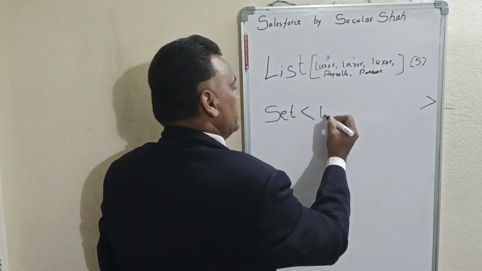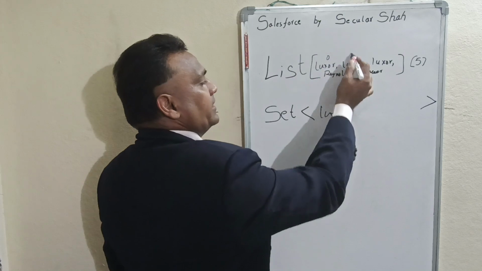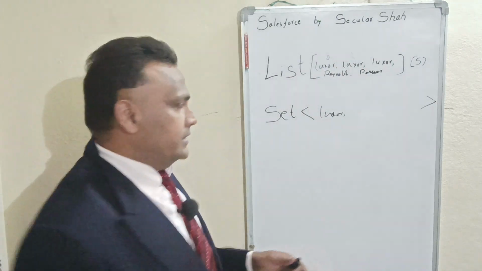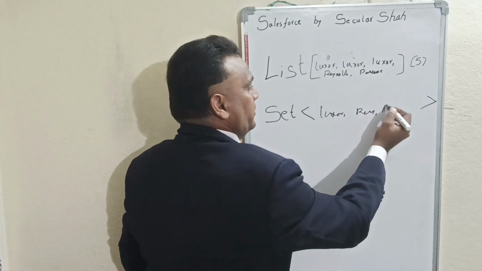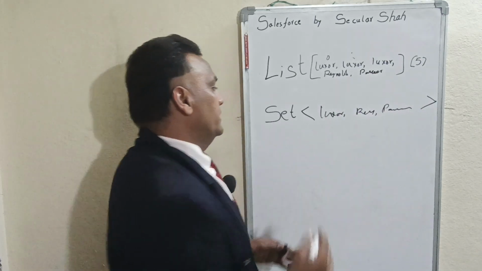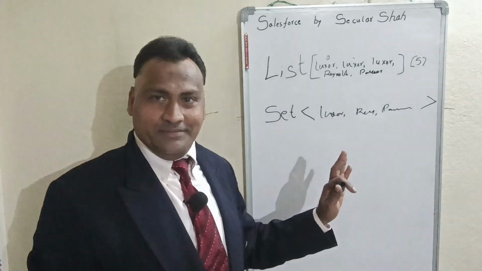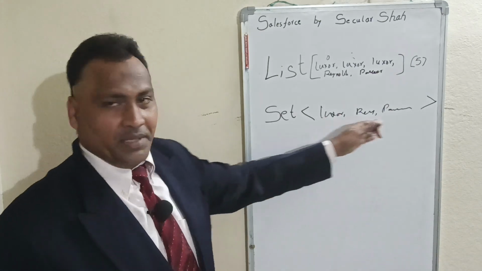Luxor red, green, blue, only one company, Luxor. Then Reynolds, then Parker. So here the size is 3 unique values. Good.